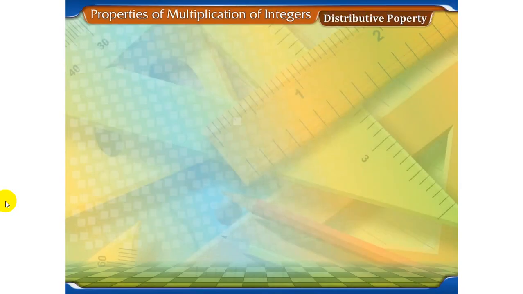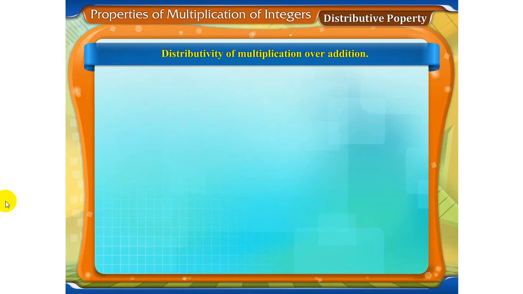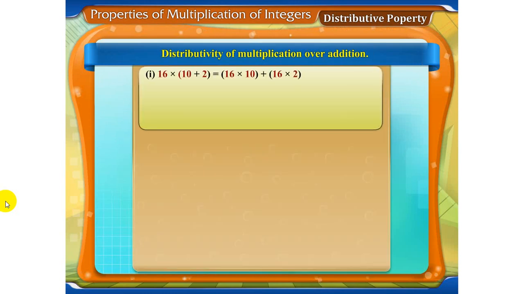Distributive property. Let us understand distributivity of multiplication over addition. 1. 16 multiplied by 10 plus 2 is equal to 16 multiplied by 10 plus 16 multiplied by 2. That is, 16 multiplied by 10 plus 2 is equal to 16 multiplied by 12, which is equal to 192.